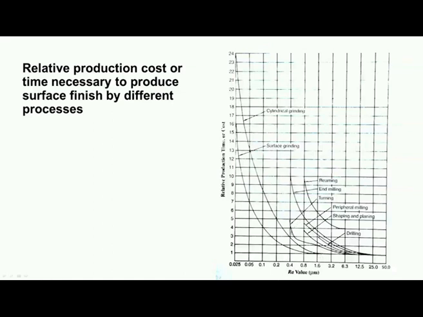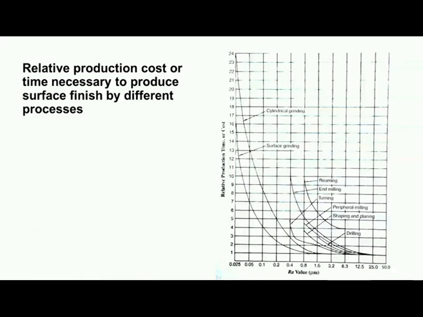Now whenever we want a roughness value of 0.8 micrometer Ra, this is possible to produce by various machining operations. If it is hole making, we can use drilling operation.